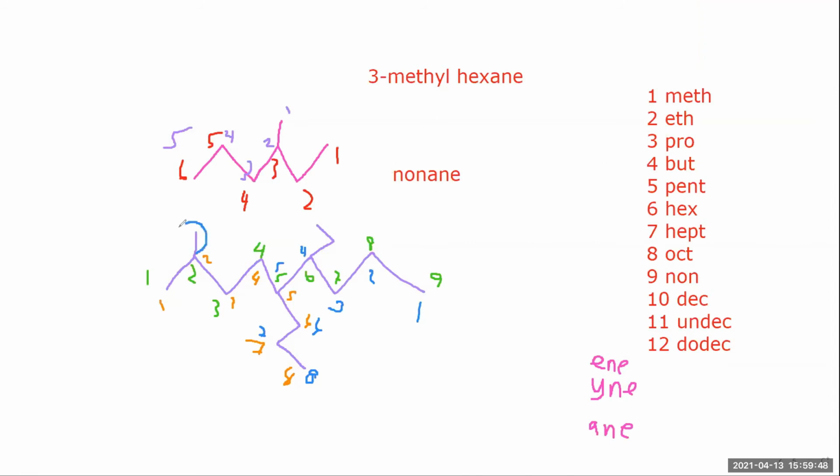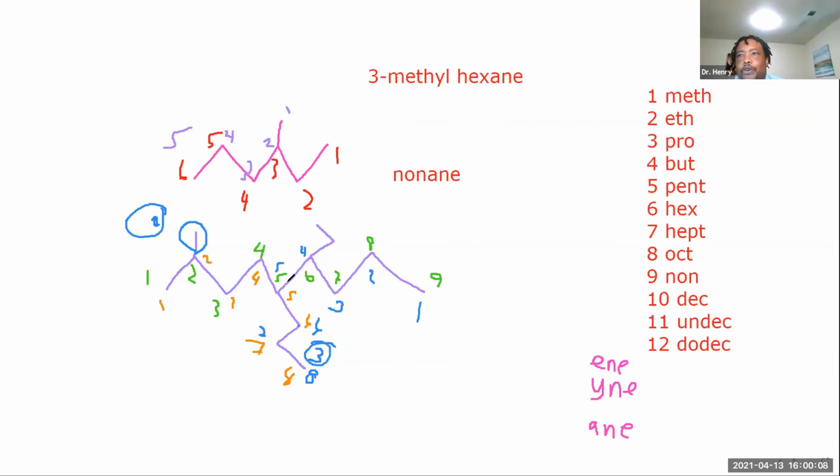Just one carbon. So that would be meth, right? What about this one? It has 3 carbons. So we're going to put a 1 here, a 1 with a circle, and then a 3 with a circle here. And then this one, 2.